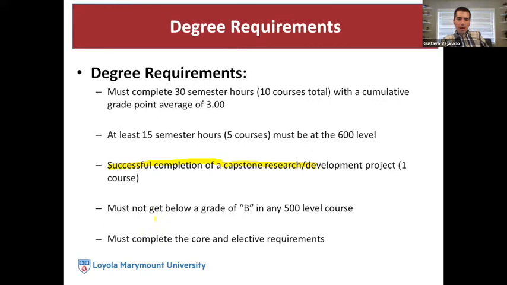There are a number of 500 level courses, and the 500 level courses need to all be completed with a grade of B at least. And then the student needs to complete all the required and elective courses.